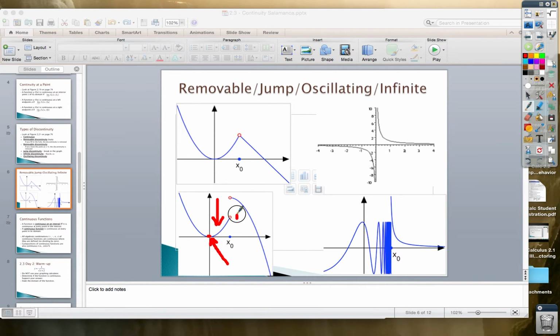And we'll see here that these two are not going to be continuous because their endpoints are not the same there. So it's kind of like looking at the limits.